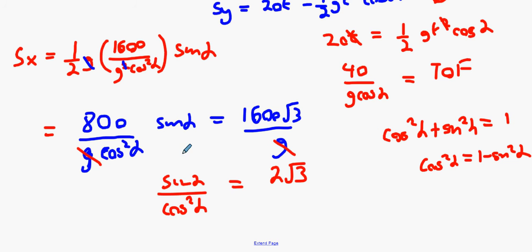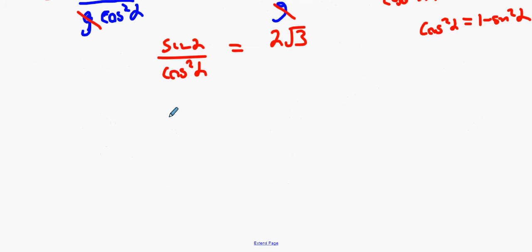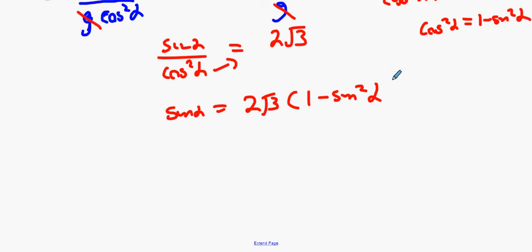Okay? So what I'm going to do is, you cross multiply the cos squared alpha, which is technically cross multiplying the 1 minus sine squared alpha. You multiply that out and you get sine alpha equals 2 root 3 minus 2 root 3 sine squared alpha.